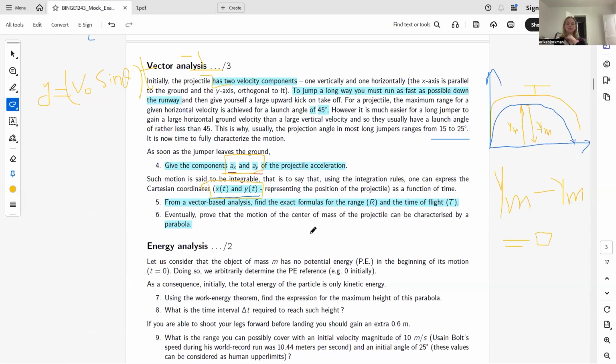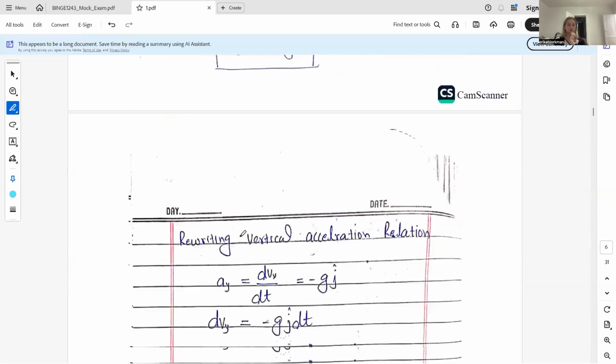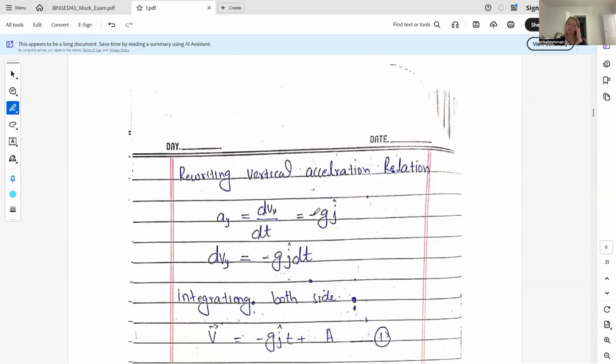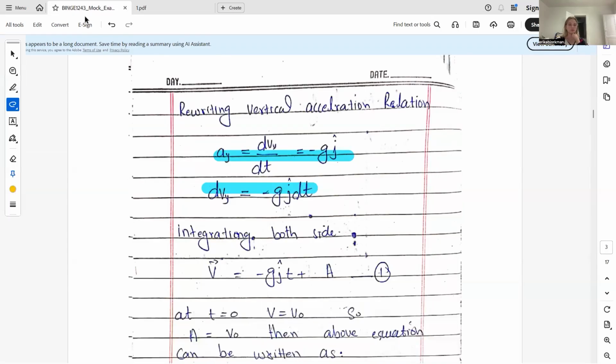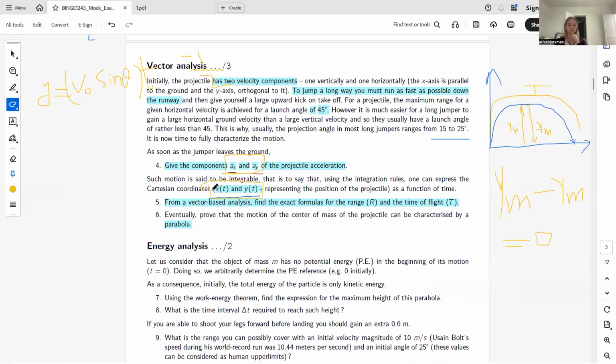Okay, so now we are calculating what is demanded in this question, the horizontal and vertical distance. We are taking the vertical acceleration, and the horizontal acceleration is equal to 0. Integrating on both sides, because in the question you can see he is saying that these are integrable.